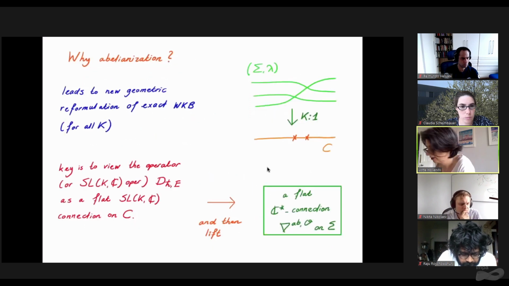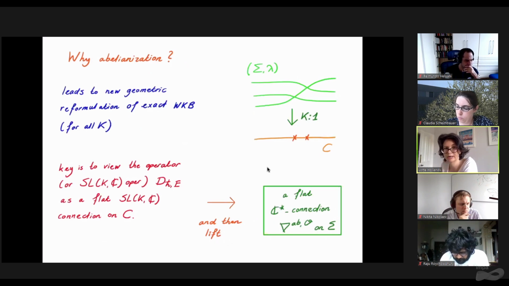So why are we interested in abelianization? Well, it turns out that abelianization leads to a new geometric reformulation of the exact WKB method, which works for all k. And the key to this abelianization method is to view the operator D as a flat SL(K, C) connection on C. So once we see this as a flat connection, the abelianization method would produce a flat C star connection on the cover sigma.